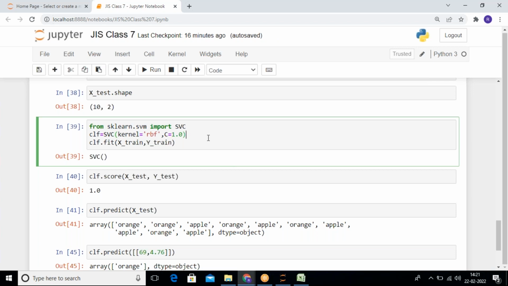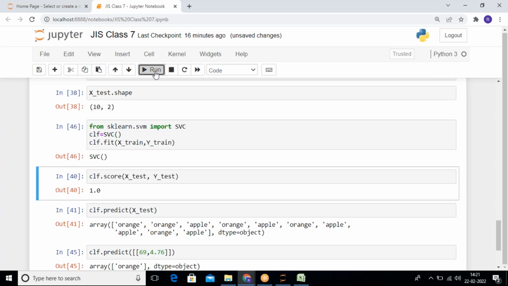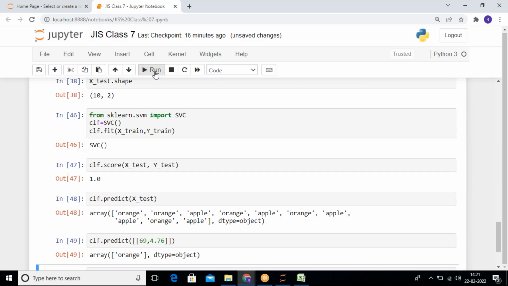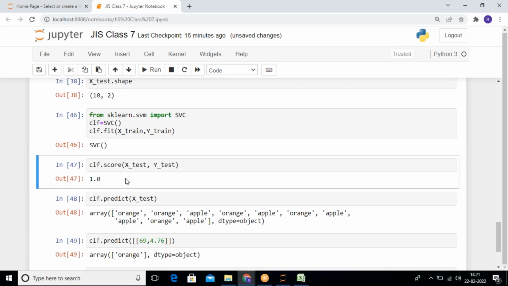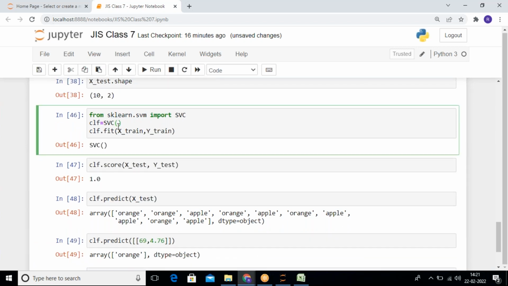For a non-linear data set, the kernel is RBF. Even if the data set is linear, it will be very easy for the kernel to classify that. Even if you remove this argument, it is still giving me 100% accuracy. If the data set is non-linear, well and good, RBF is going to work.